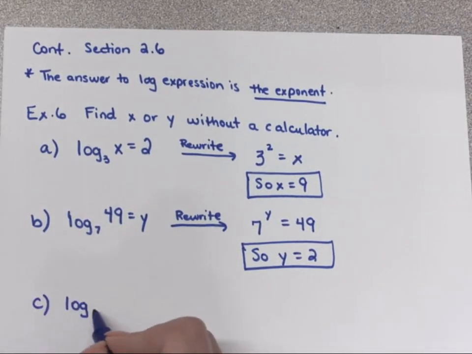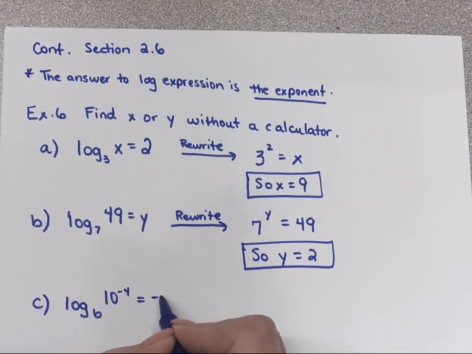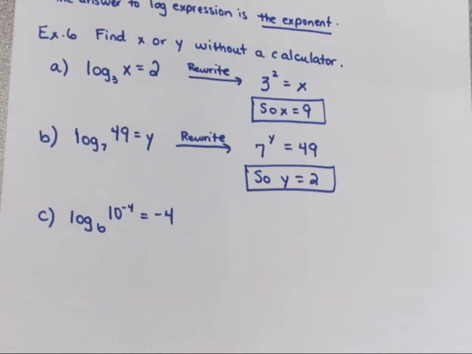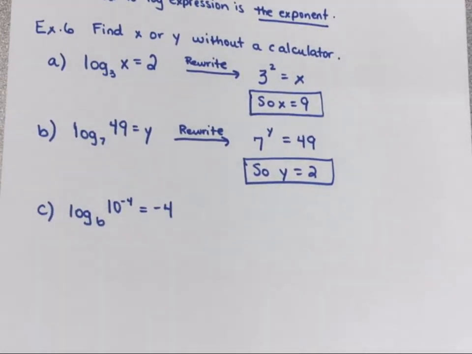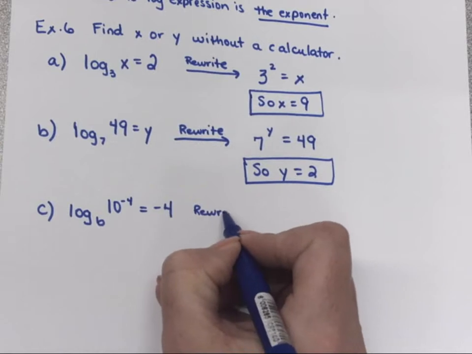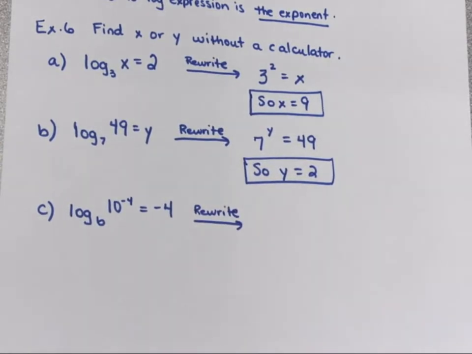So what about this one? That's a base b, not a 6, if you're wondering. So the log base b of 10 to the negative 4 equals negative 4. In other words, this time I'm asking you to find what the base would need to be. So we're going to rewrite it as what? Y'all tell me what would go where.